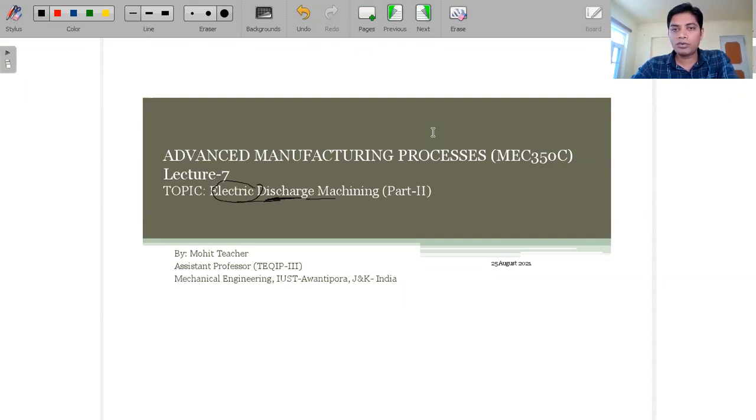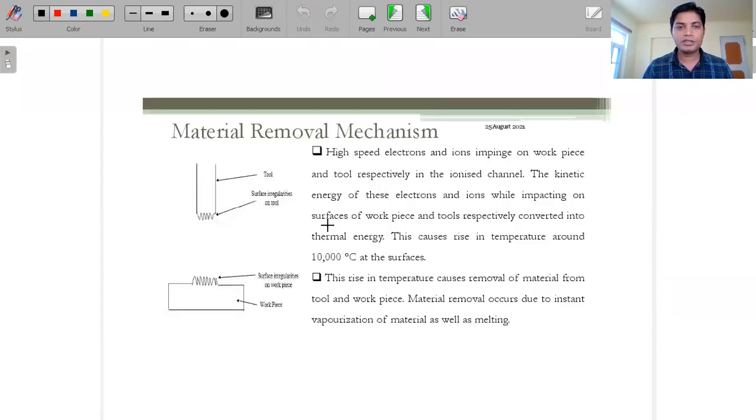If we get the time, we'll also discuss the modeling of MRR, what exactly the material removal rate is. So let's start today's session.